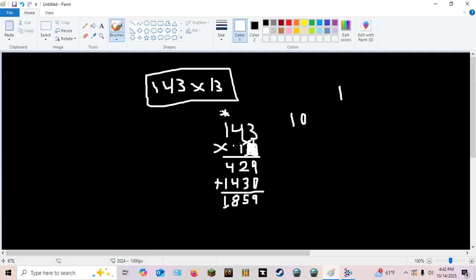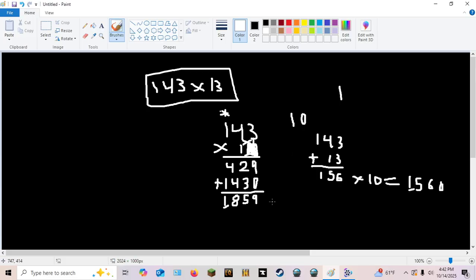So we're going to compare that to 143 times 13, okay? I forgot what the value is, so I'm just gonna do it again. So 156, if we multiply it by 10, it's gonna equal 1,560.